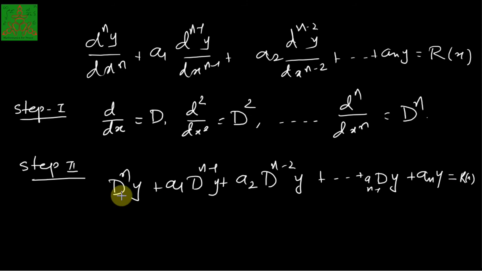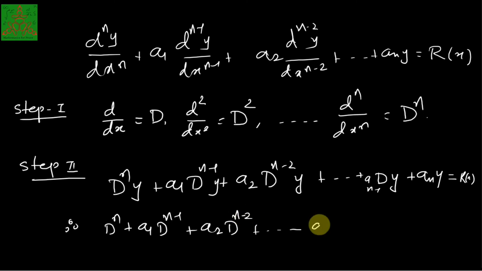Now since d by dx is an operator, d^2 by dx^2 is also an operator, so I may rewrite this quantity as (D^n plus a1 D^(n-1) plus a2 D^(n-2) up to a(n-1) D plus an) y equal to r of x.